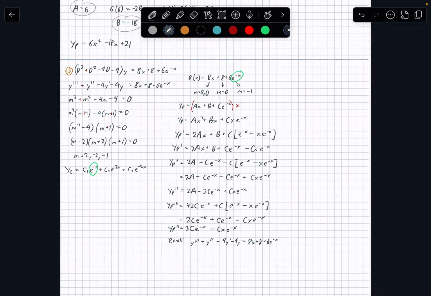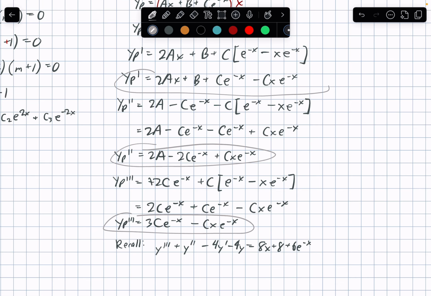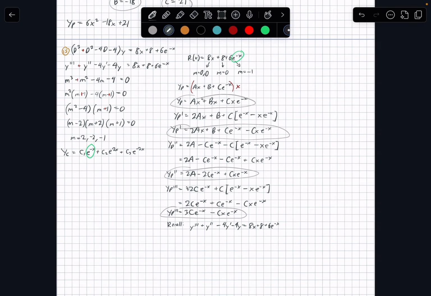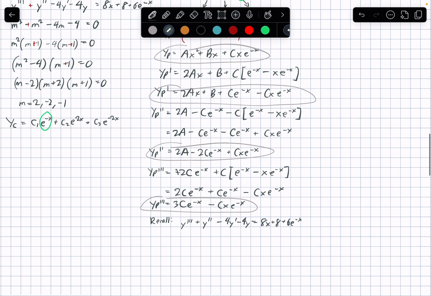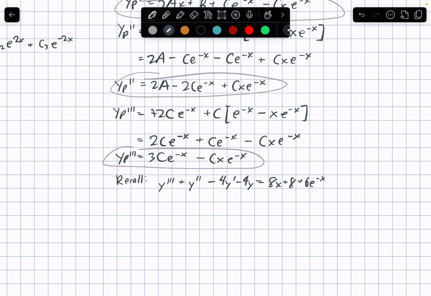Okay. So it's much more complicated, no? This is our y triple prime, y double prime, y prime, and yp. Okay, so just copy paste.